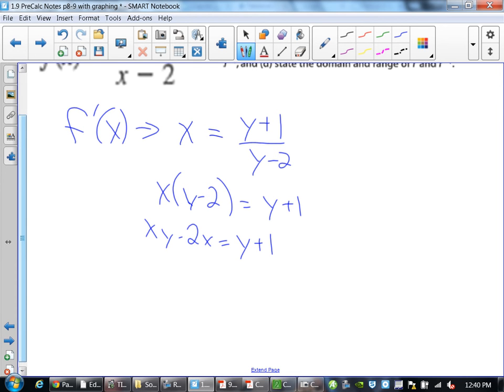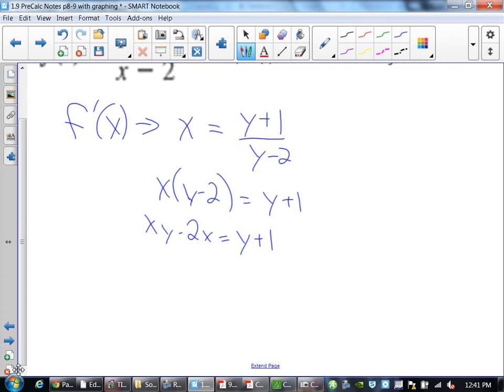Yeah. How? You subtract the y and add the 2x to the other side. Watch what happens. If I subtract the y and add 2x, I get xy minus y is 2x plus 1.